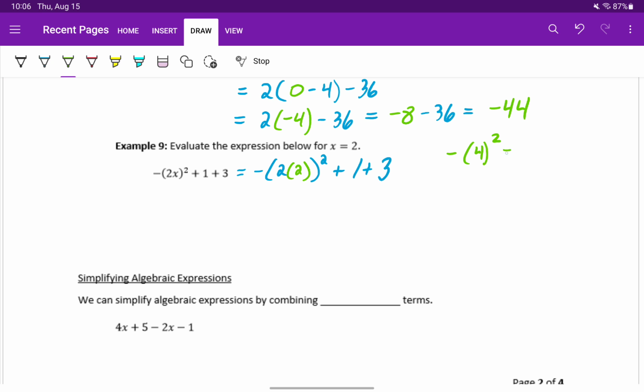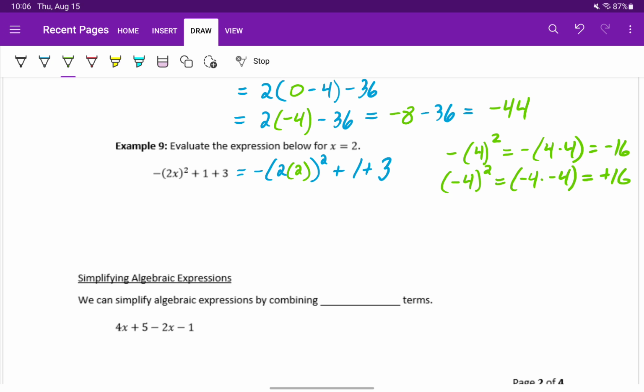In this case, that means we would take negative 4 times 4 to get negative 16. That's different than the case where that negative is inside the parentheses, meaning our exponent of 2 applies to both of those values. In that case, we would take negative 4 times negative 4 to get positive 16.